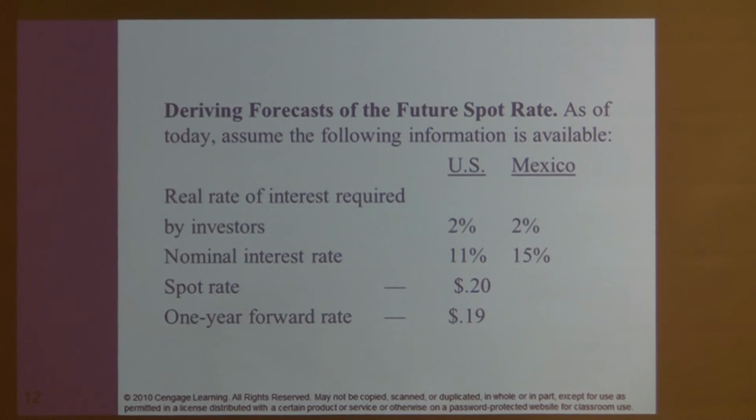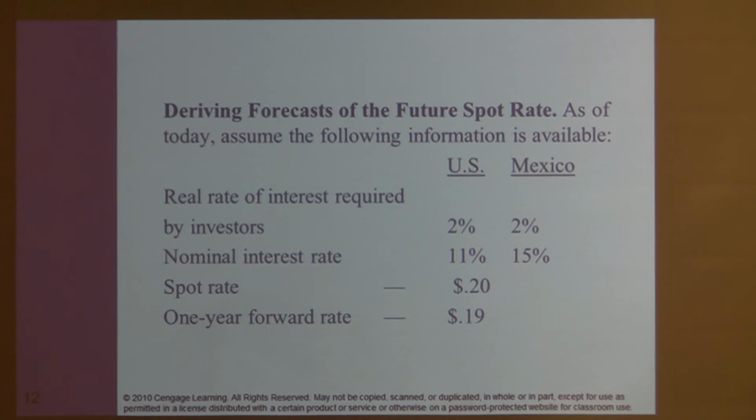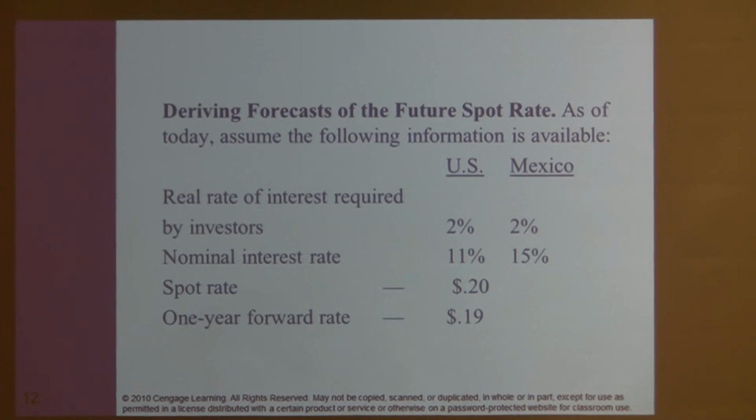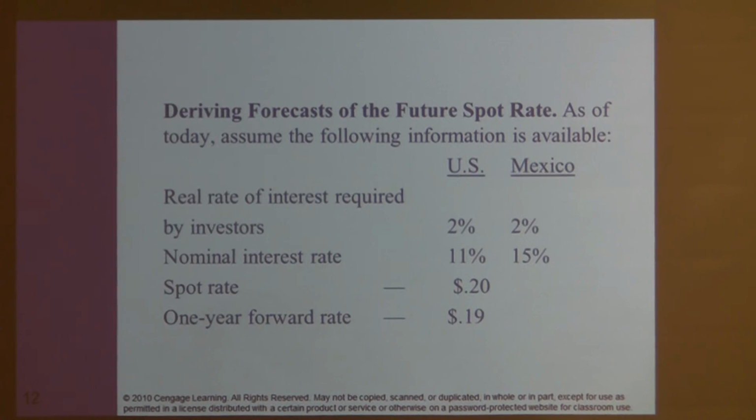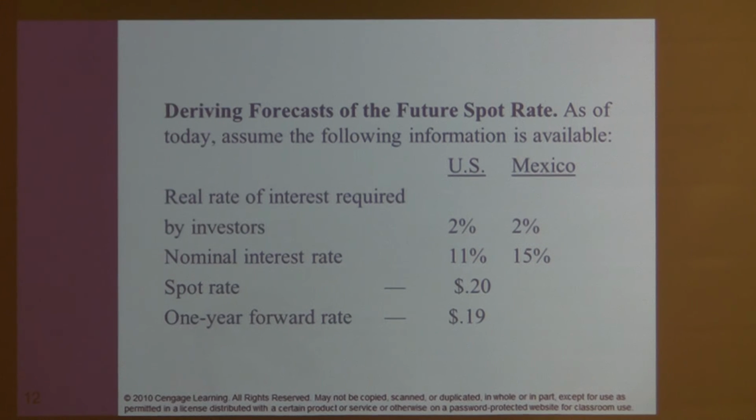That is given by F minus S over S. The forward price minus the spot exchange rate, divided by the spot exchange rate, gives you the forward premium or discount. Here, that is a discount, isn't it? 5%. Yes, that's what we get.